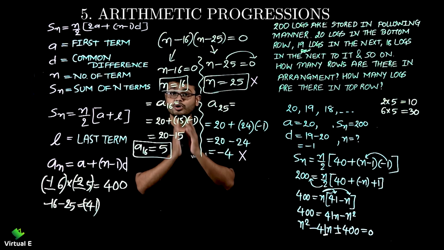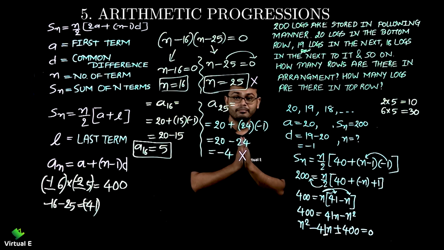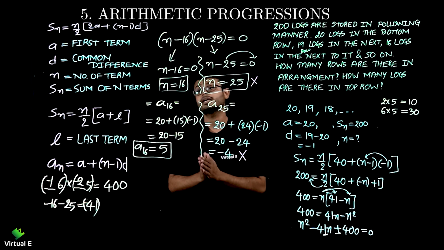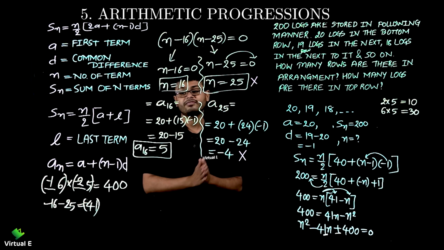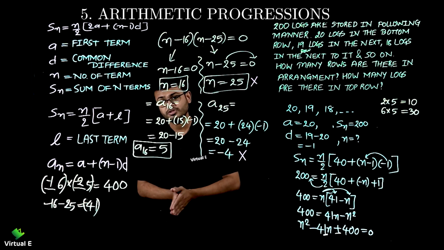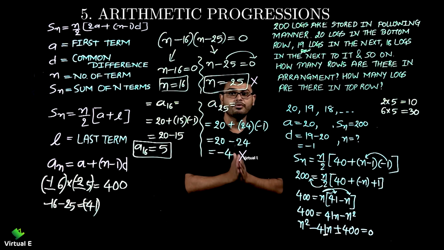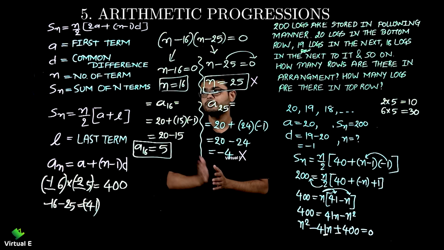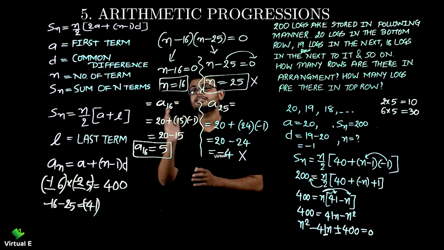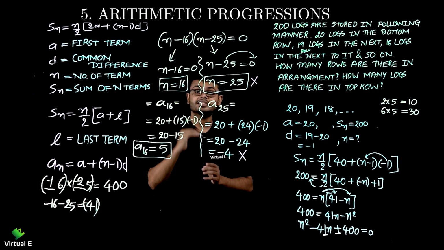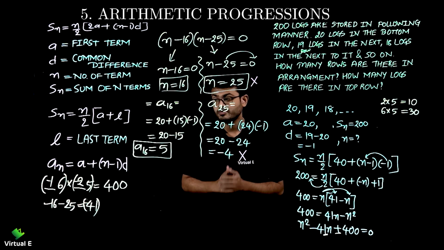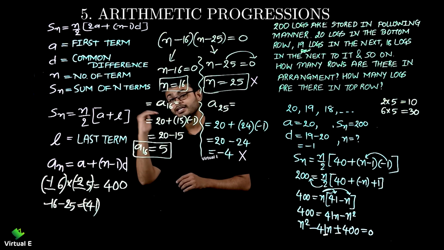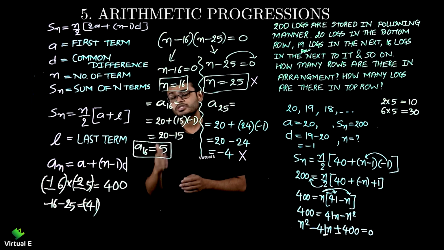Then there are 2 possible correct answers mathematically, and we need to relate with real life. In real life, 5 logs are possible, but minus 4 logs are not possible. So I am not going to consider this value and I will only be taking n equal to 16, which means there are 16 rows in the arrangement. And the number of logs in the topmost row is 5.